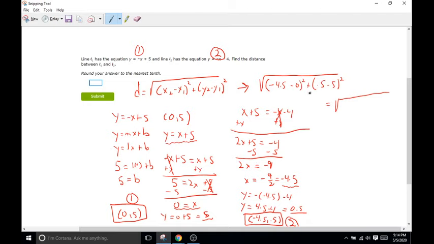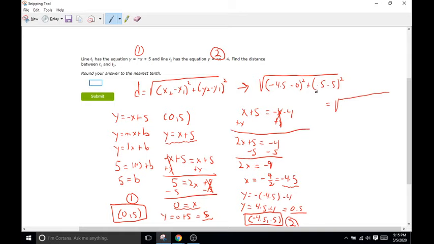So 4.5 squared is going to be, and I might have mentioned this earlier, but what's cool about these kinds of problems is even if you end up with a negative number like negative 4.5, the number is always going to be squared in the end. So it's always going to end up positive. So it doesn't matter if you do 4.5 squared or negative 4.5 squared.